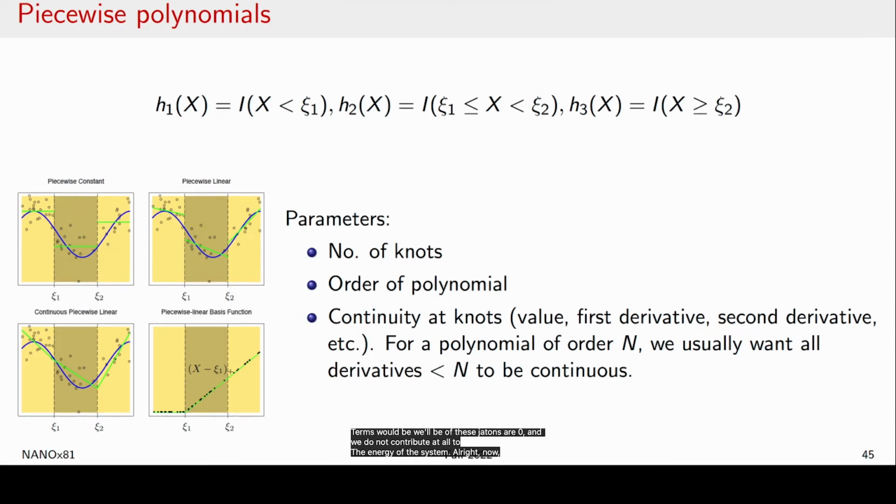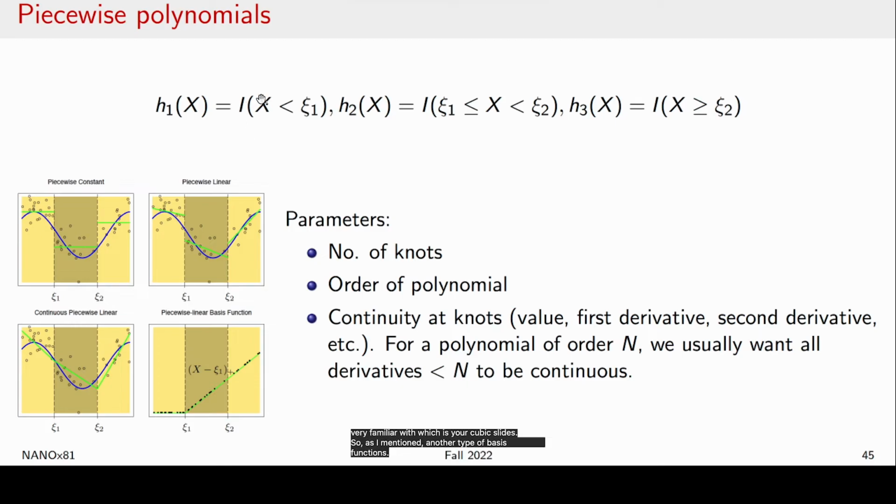Now, for the last 12 minutes or so, I'm going to talk about something that you are very familiar with, which is your cubic splines. So as I mentioned, another type of basis functions is that you split up the functions into different regions, right?